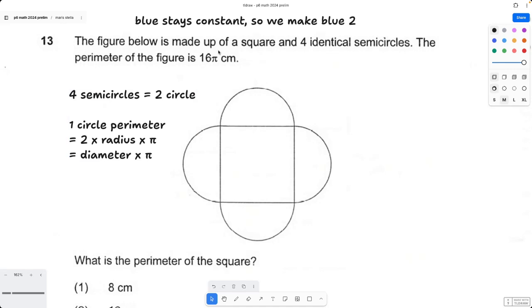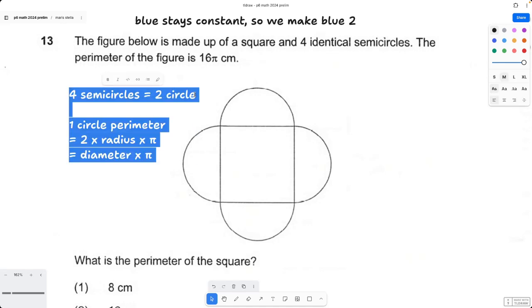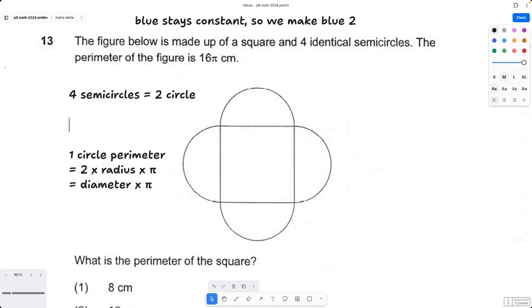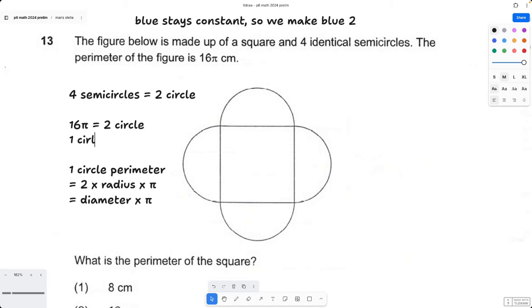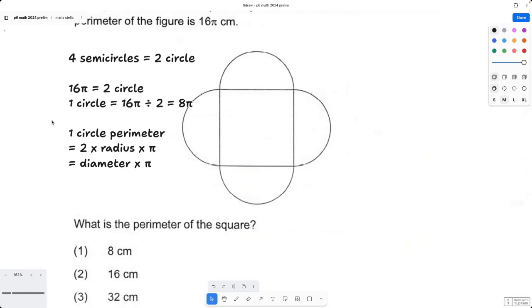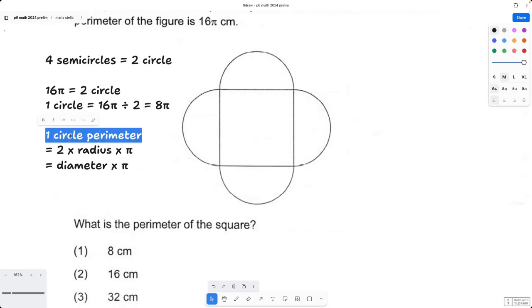So we also know that this 16 pi is equal to 2 circles. So one circle is equal to 16 pi divided by 2. This will give us 8 pi.